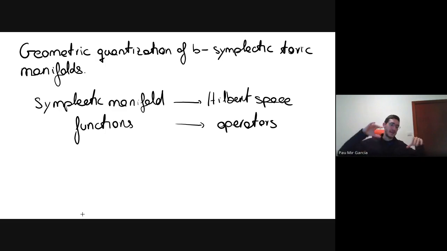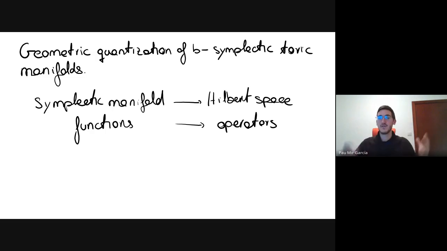You want to pass from a classical system, which is a symplectic manifold, for instance an integrable system, to a Hilbert space in which functions are transformed to operators. Then you can compute eigenvalues of these operators, which are physical observables at the end. So at the end, you are doing physics. So you need to do this quantization, this transformation from a symplectic manifold to a Hilbert space.